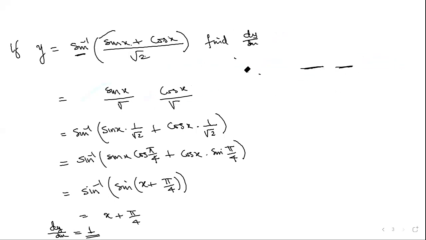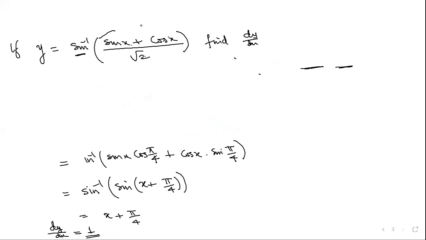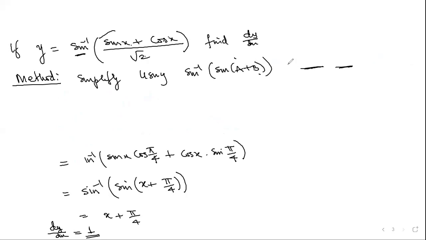Then write the method: simplify using sine inverse of sine of a plus b is equal to a plus b. This is a short thing that you must remember.